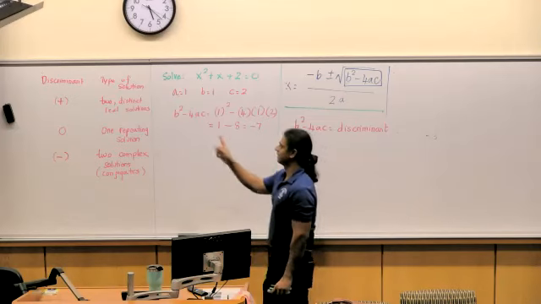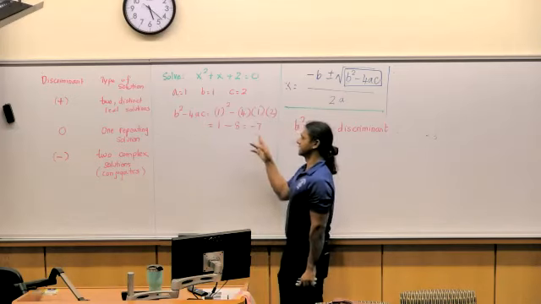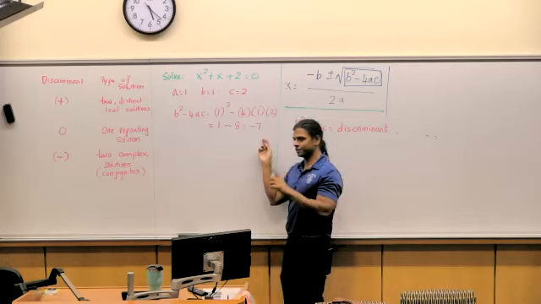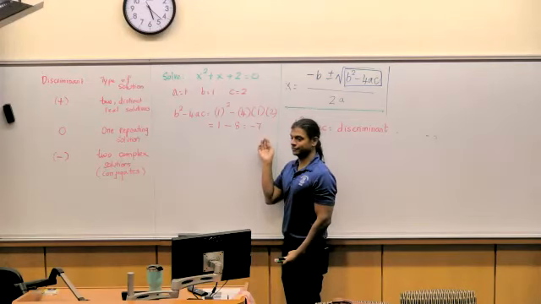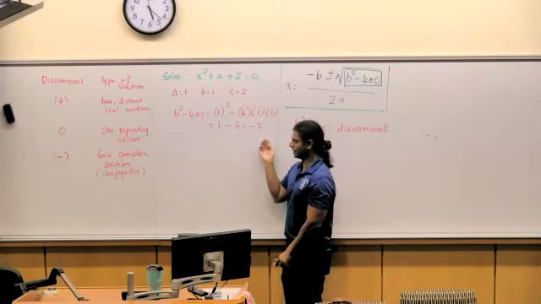Good. Discriminant is negative, so what type of solution should we have? 2 complex solutions.